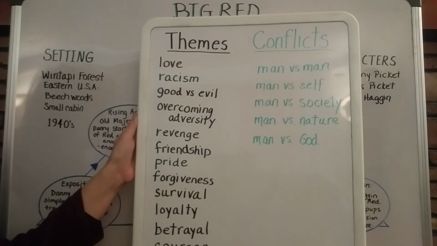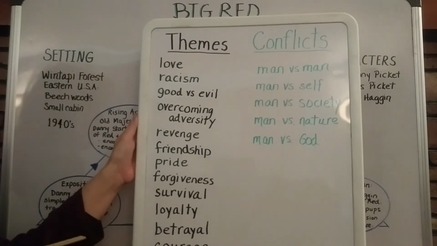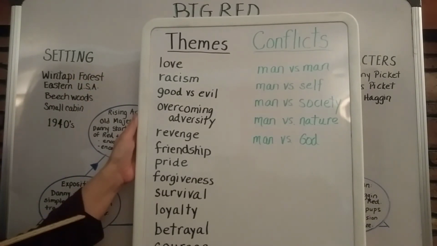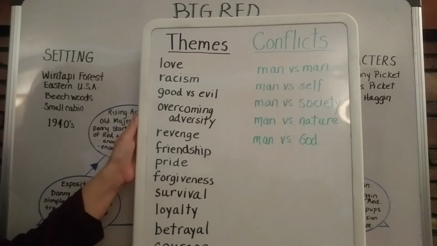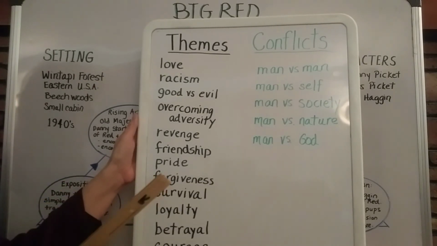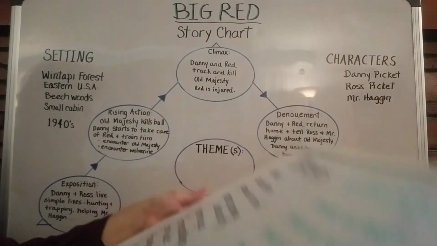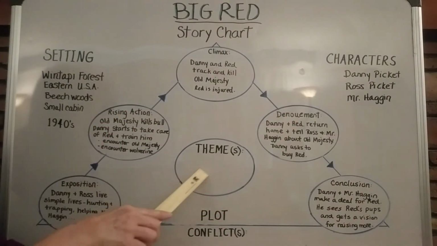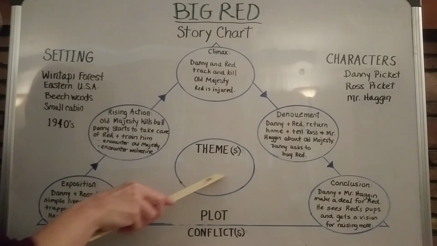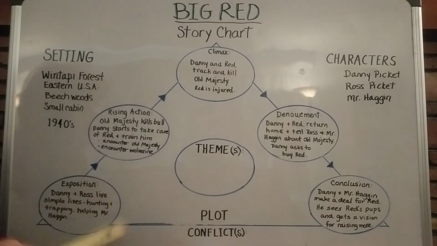Okay, so if you haven't picked your themes yet, you can come back to this and look at the list again and decide which themes you think are big in Big Red. So your themes should go here and your conflicts down at the bottom. You may have more than one conflict, and you should pick several themes as well, because this book does have several themes in it.